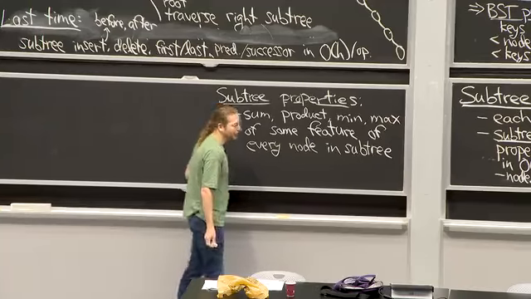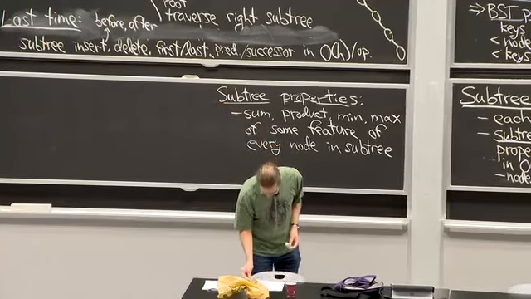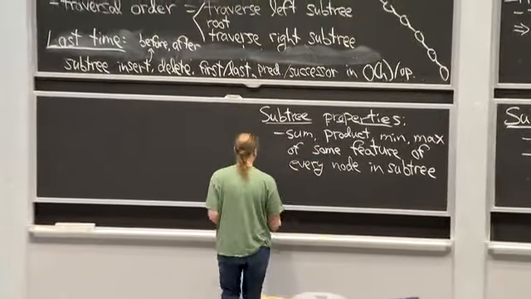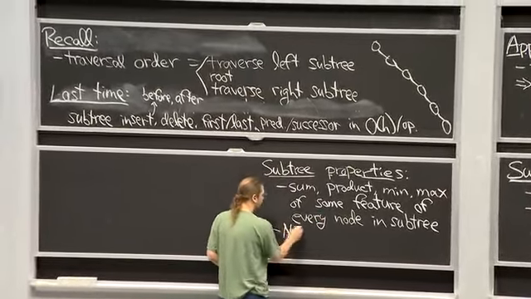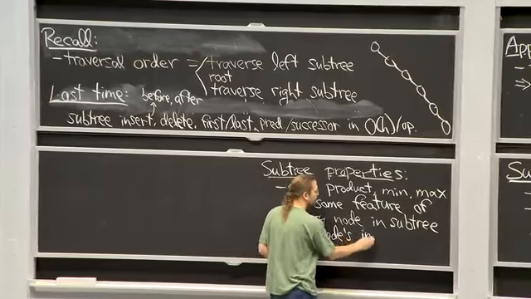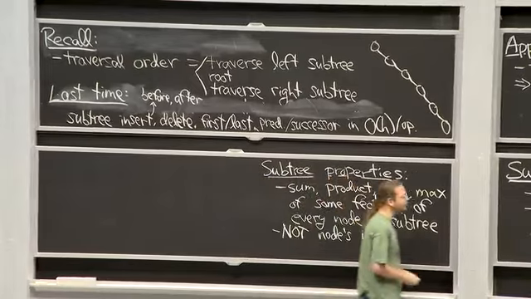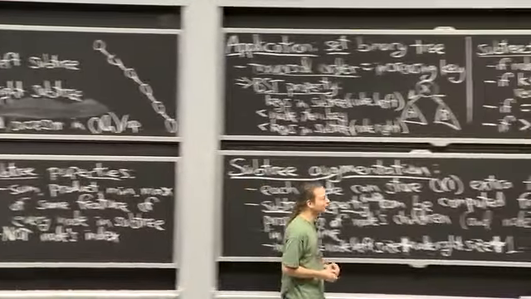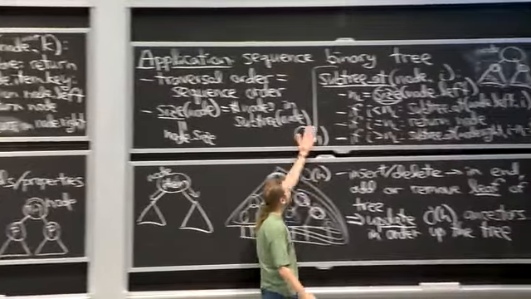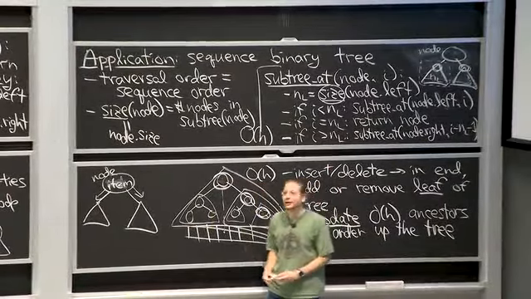Some examples of things you cannot maintain: a node's index. If you get a little bit too excited about augmentation, you might think, oh, I can do everything. I needed to support subtree at, or let's just say get at globally.